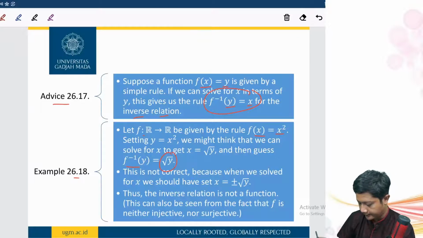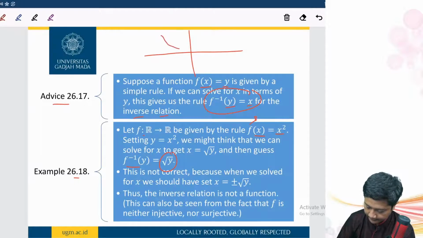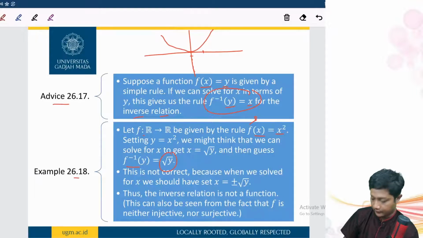Why? Because again f is not a bijection. If you see f(x) = x squared, you have nothing here, so it's clear it's not surjective. And when we go to the inverse, it's clear it's not well defined also.